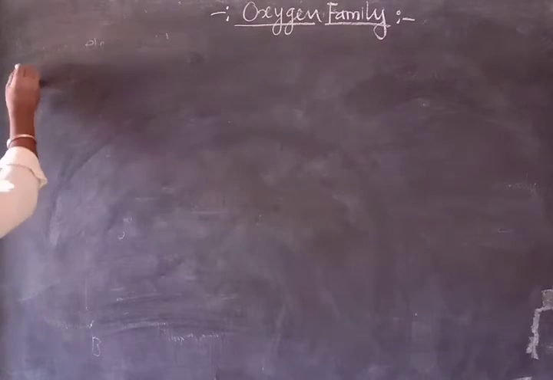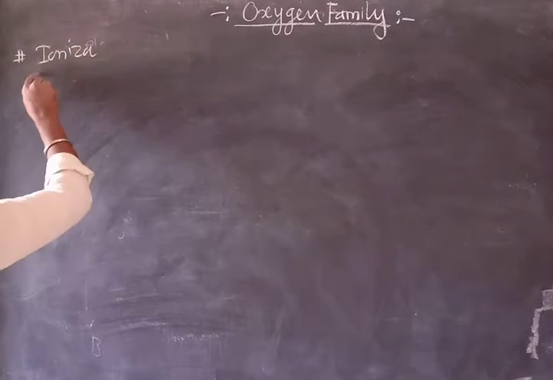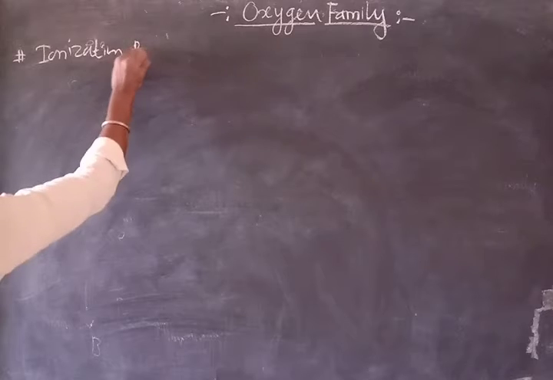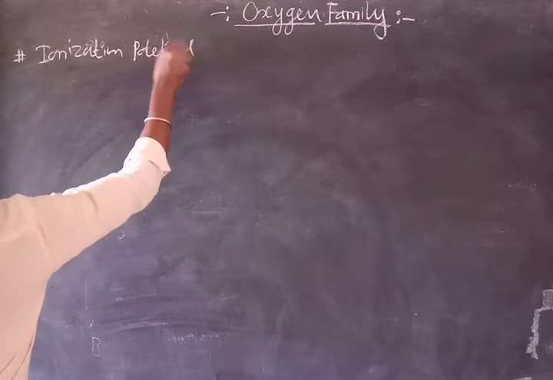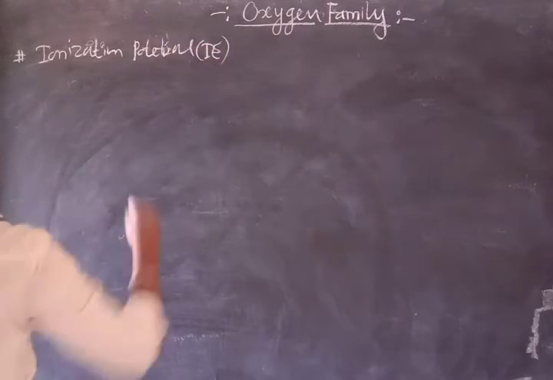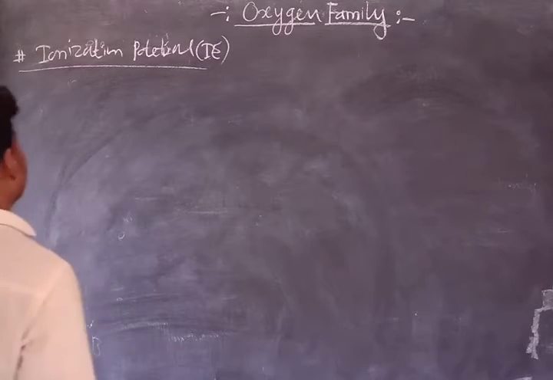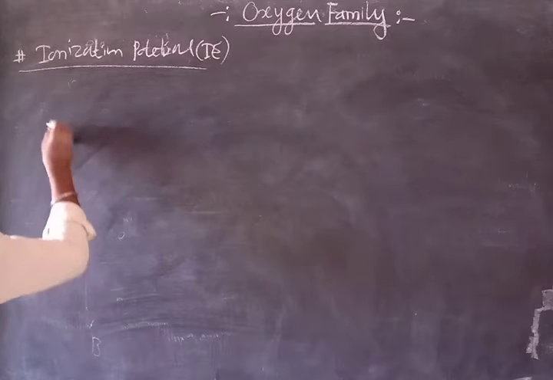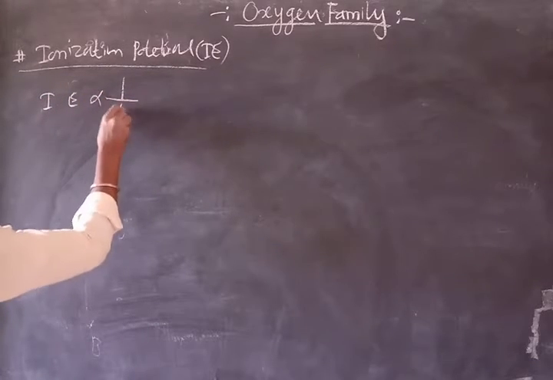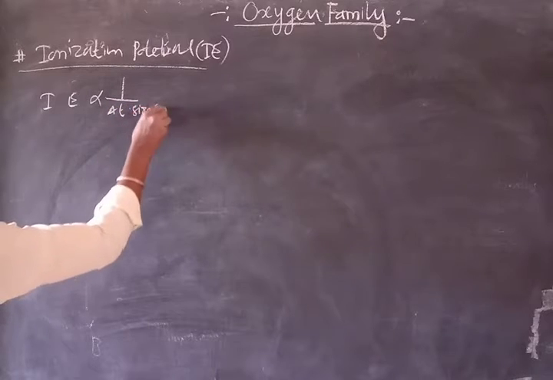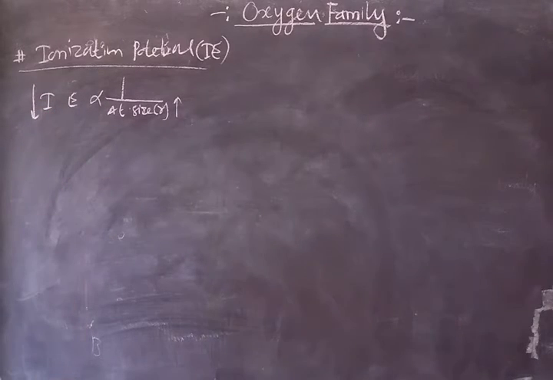Now we will see another property, that is ionization potential, that is ionization energy, ionization enthalpy we can say. Here we have to say that this ionization energy is inversely proportional to the atomic size, or when R increases then ionization energy decreases.